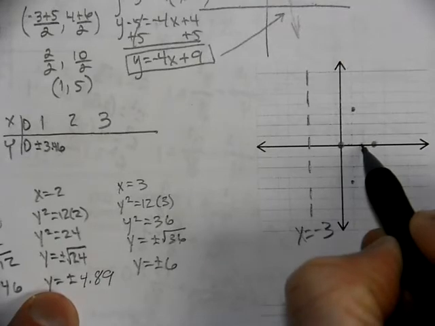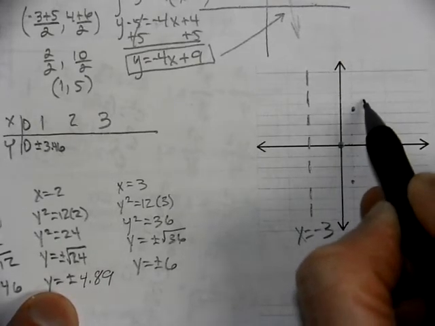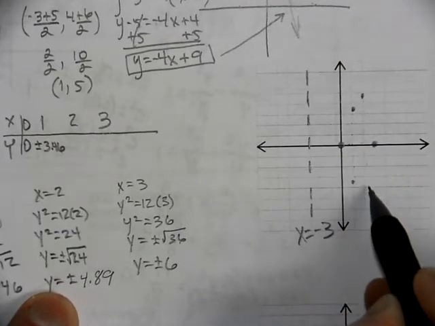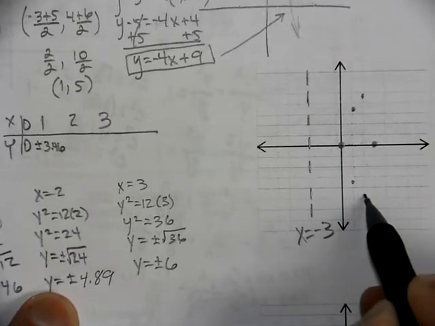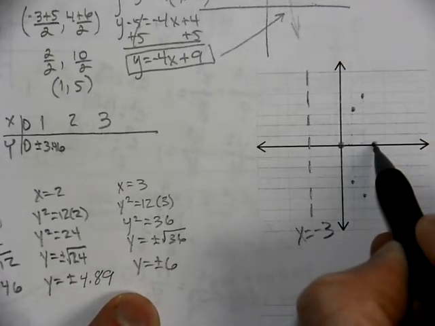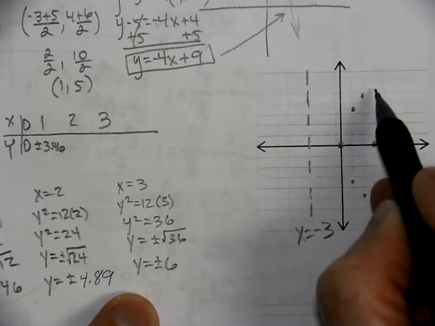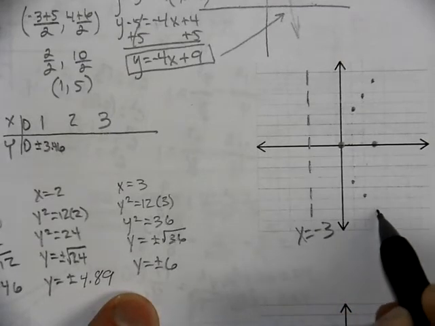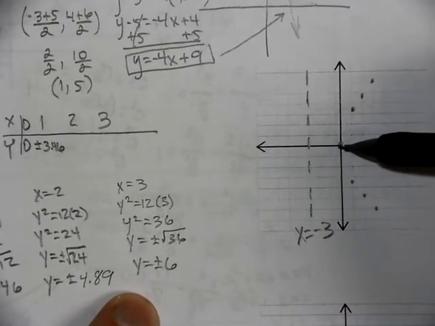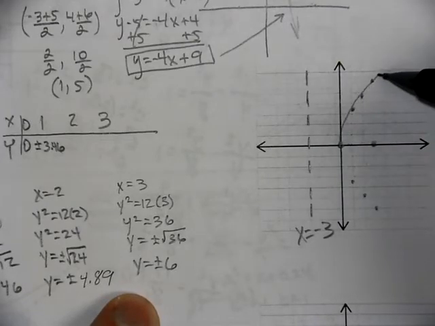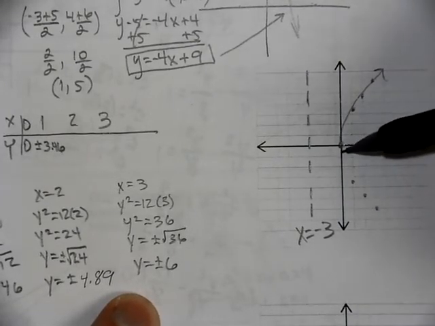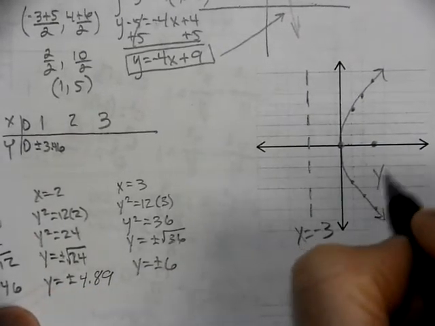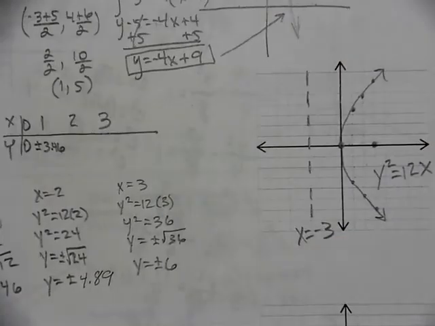When x is 2, you get positive 4.8 and a negative 4.8. And when x is 3, you're getting a positive 6 and a negative 6. So now we see how the graph would come out and start to curve. And we label our equation: y squared equals 12x.